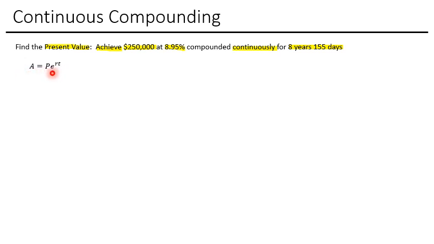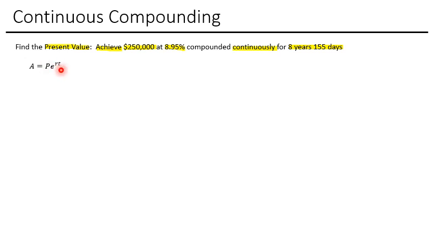E is one of those numbers like pi that is infinitely long, but it is a standard number, and it's programmed into a scientific calculator. If you don't have a scientific calculator, you can just Google free scientific calculator, and one will pull up on Google, so you shouldn't have a problem finding it.